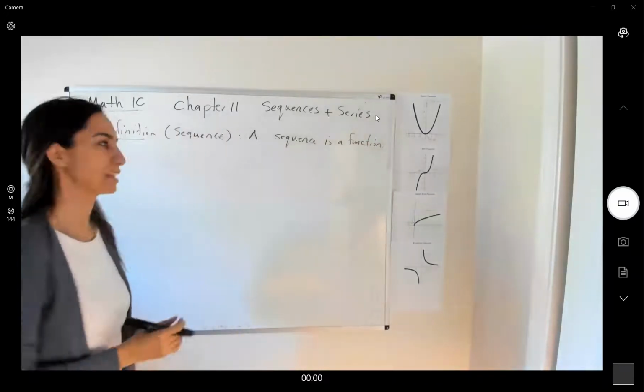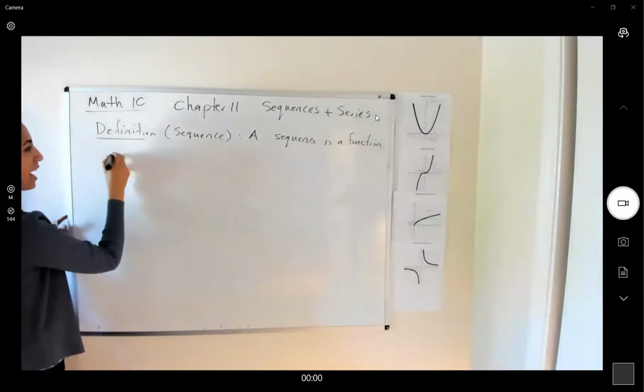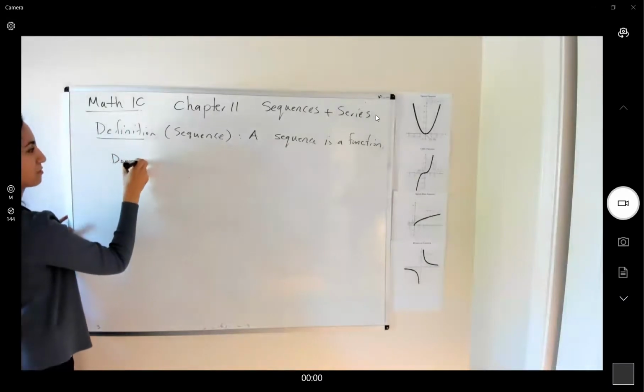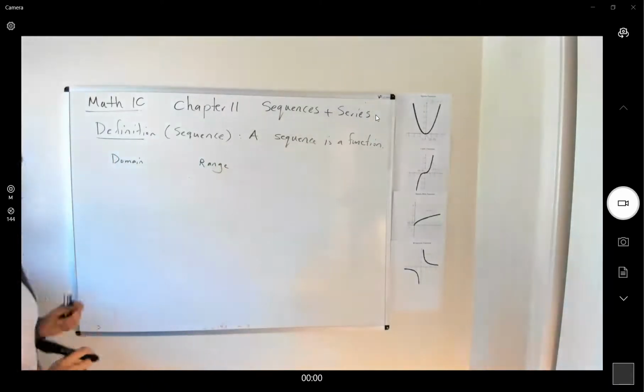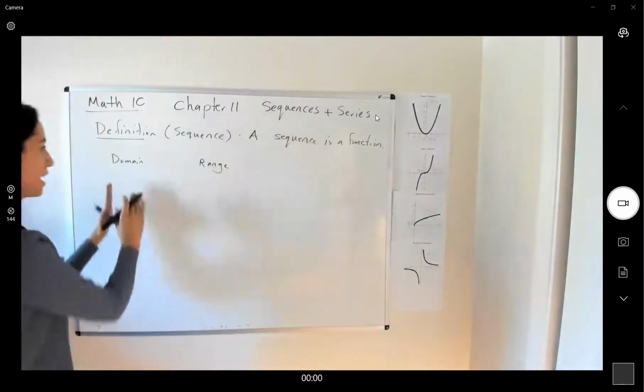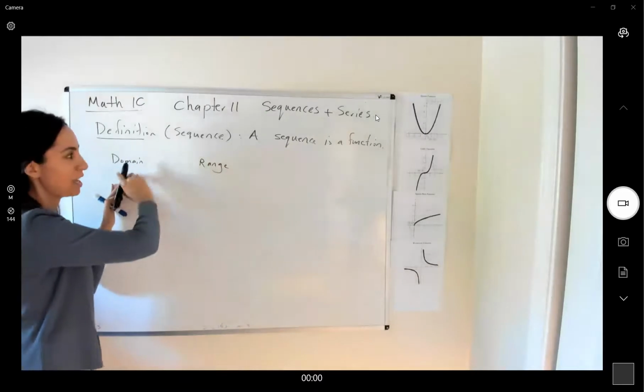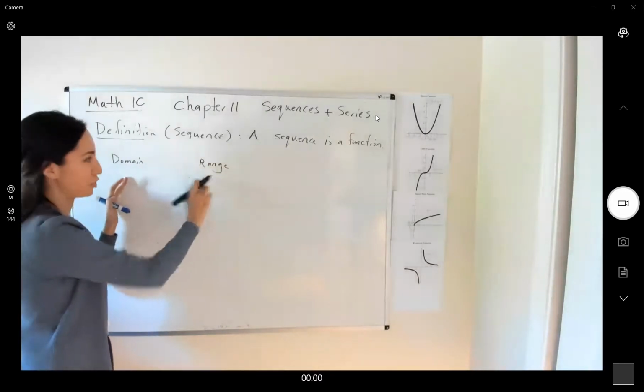What do I mean by that? It means that it has a domain and it has a range. A sequence takes values in the domain and maps them to the range.